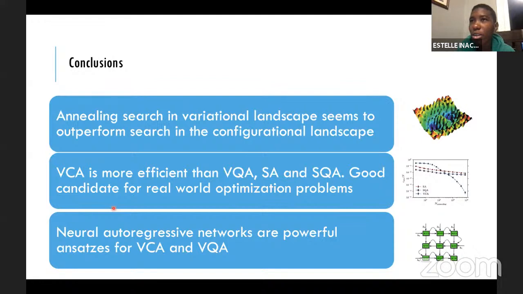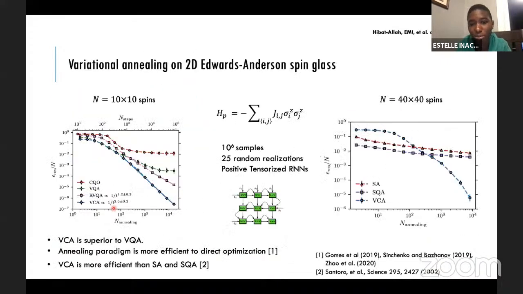That's a good question. In terms of computational cost, it is actually cost effective compared to variational quantum annealing. It runs faster. It has a beta scaling as well. But compared to simulated annealing, SA runs very fast, maybe in practice 100 times faster. But the point is that the scaling is what matters.